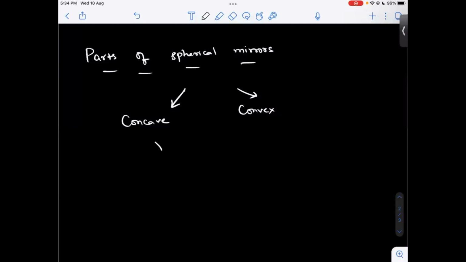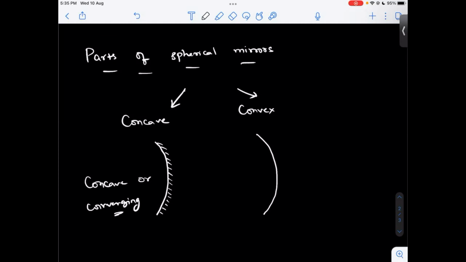So if you take a part from the spherical surface and if you polish the bulged surface, then it becomes a concave, or it has another name called converging mirror. Whereas if you polish the depressed surface and the bulge surface is made as a reflecting surface, you call it convex, or diverging mirror.